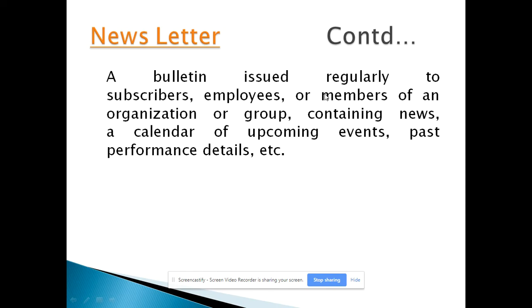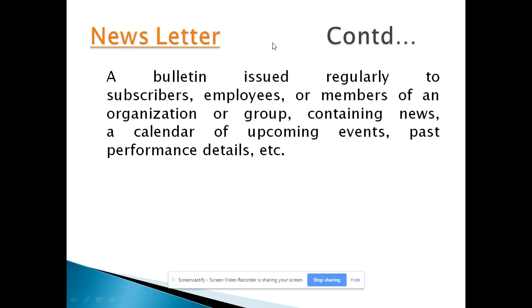Now the newsletter. A newsletter is a kind of bulletin issued regularly, periodically. Generally that period is fixed, once in a year, maybe annually, biannually, quarterly. Newsletter covers past information, past performance details of the organization, and maybe a calendar of the forthcoming events.